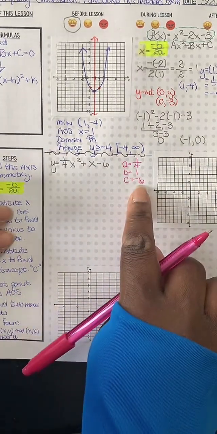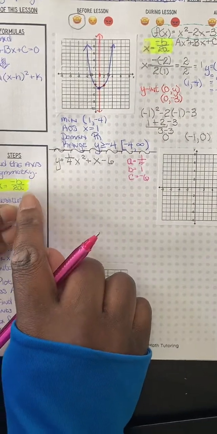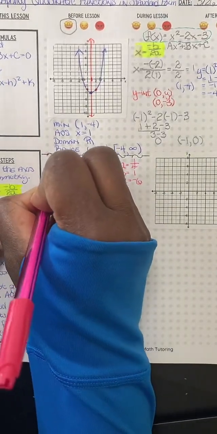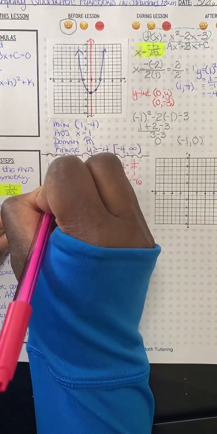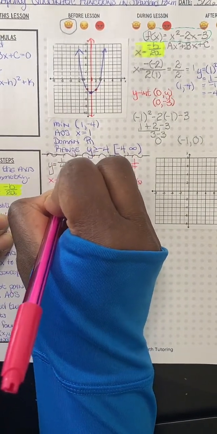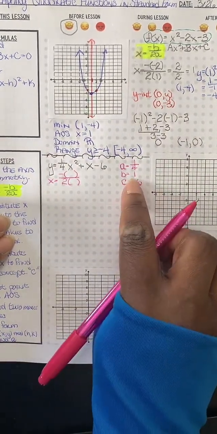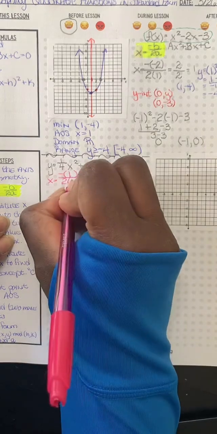Now that we have this information, we're going to plug it into our equation. So we have x is equal to negative b over 2 times a. So our b is 1, our a is 1/4.